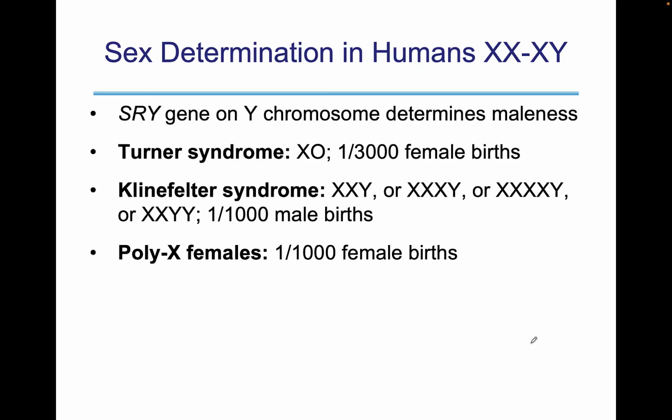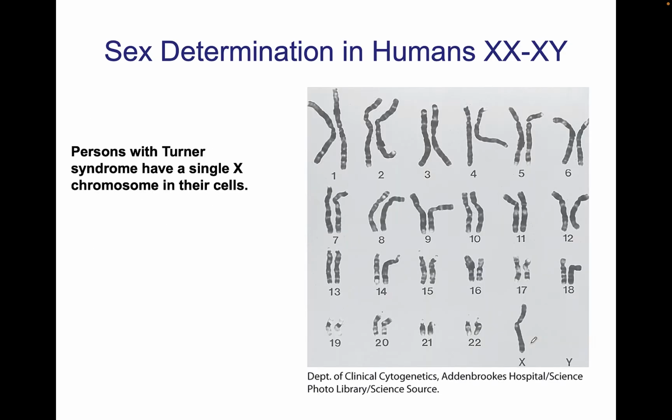Okay, this was discovered by Charles Ford in 1959. He used a new technique to study human chromosomes, and he identified that a 14-year-old girl with Turner syndrome only had 1 X chromosome, as you see here. And so it was referred to as XO.